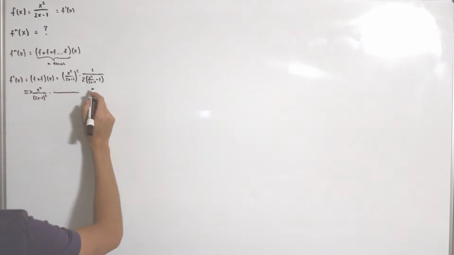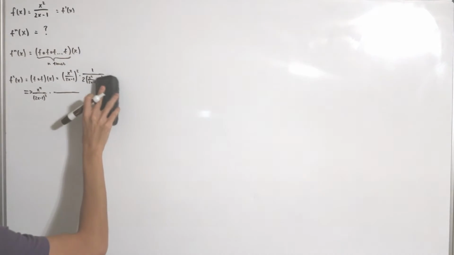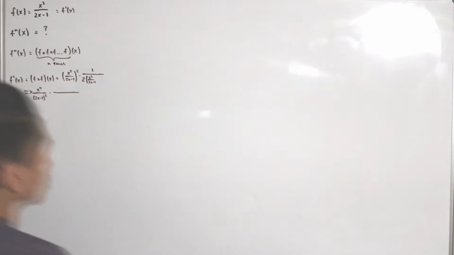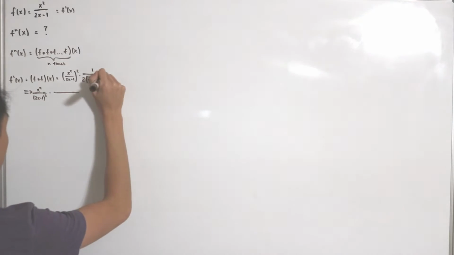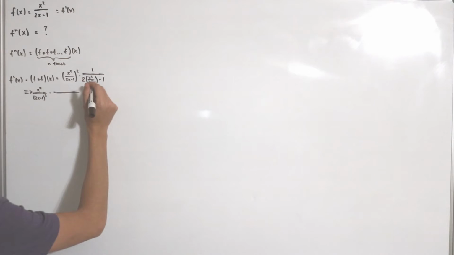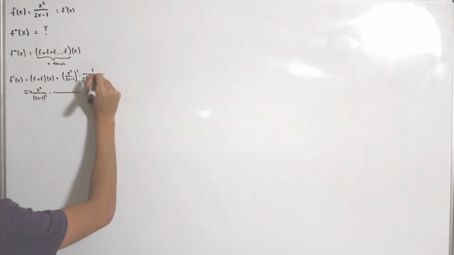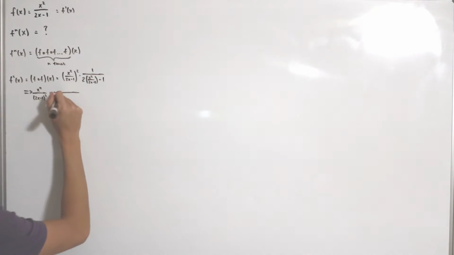The parentheses is supposed to be here, and then subtract 1. Okay, there you go. Now it makes things a lot easier to do. So get a common denominator. If I distribute the 2, then the common denominator will be 2x minus 1. So let's do that.